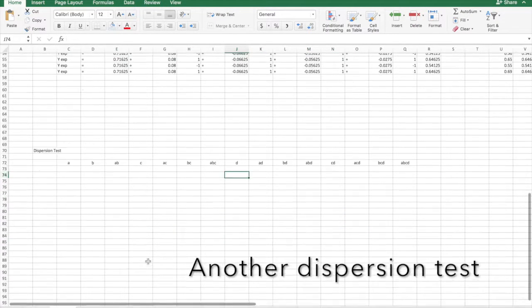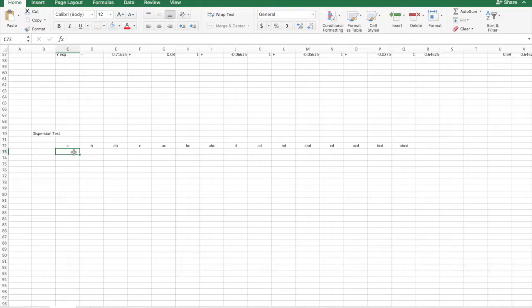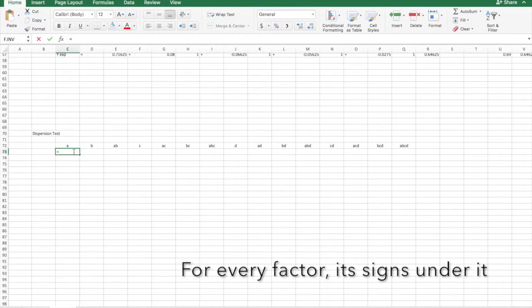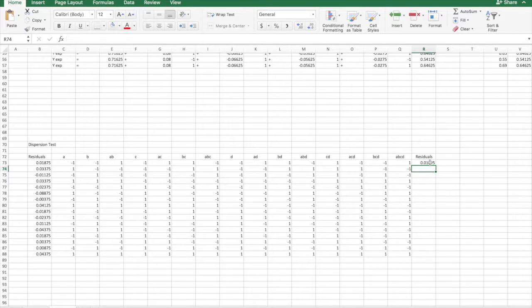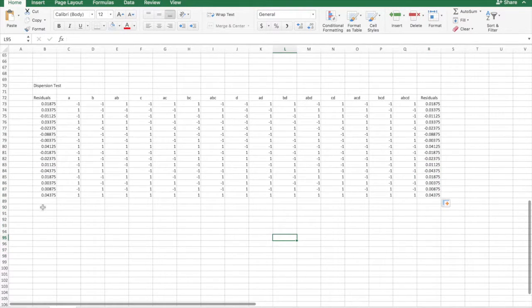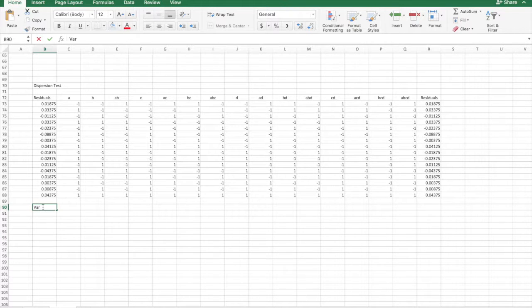And what we're going to do is write the signs of A under A. And we're going to calculate the variance when the variable is high. We're gonna calculate the variance when the variable is low, and then we're gonna calculate the F. Indeed, the F are going to be the dispersion effects.